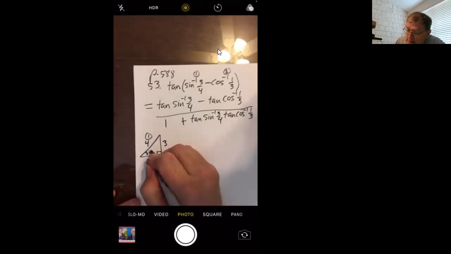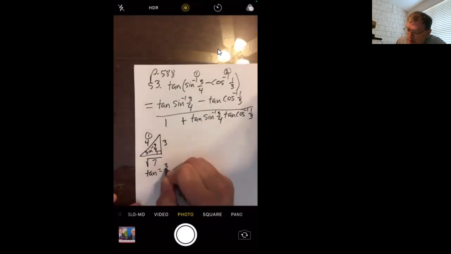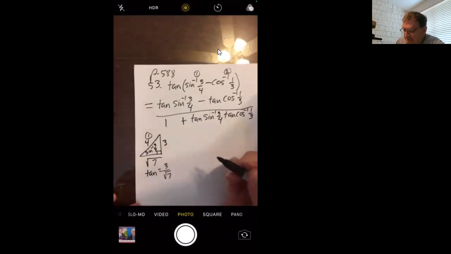This is arc sine, 3 opposite, 4 hypotenuse, making that the square root of 7. Your tangent, 3 over the square root of 7.